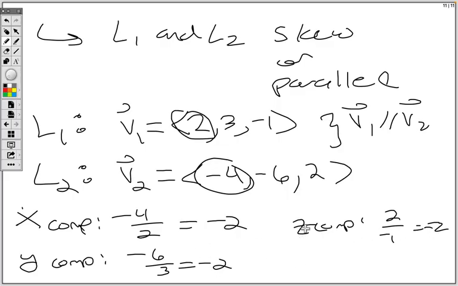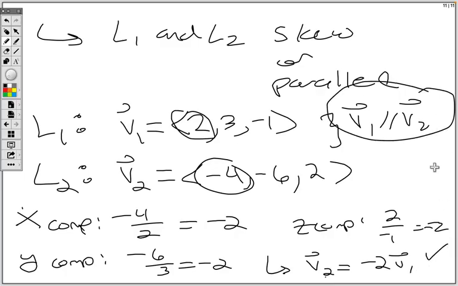So we have the same ratio all throughout. So this tells us that V2 is just -2 V1, which proves that they're parallel. Okay?